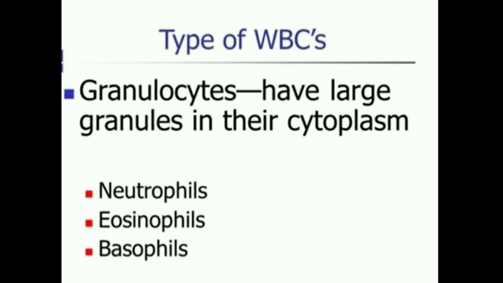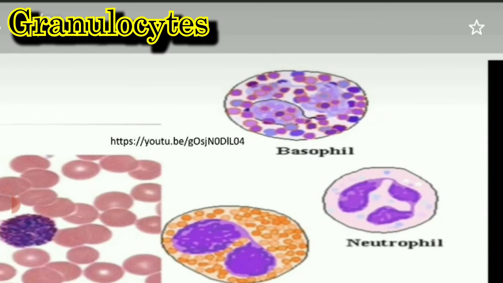Among the white blood cells, first of all, we will discuss the granulocytes. These granulocytes have granules in their cytoplasm. When compared with the agranulocytes, they are more in number. These granulocytes are of three types: neutrophils, eosinophils, basophils.